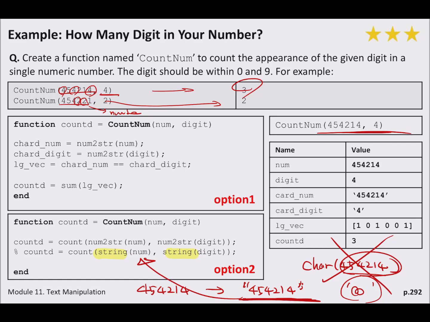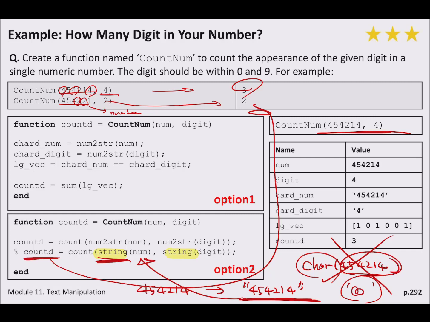So if you put it in, you still get the count. Make sense? The way to convert a numeric value to a character vector is to use num2str, not this one. The way of converting a numeric value to a string is to use string typecasting.